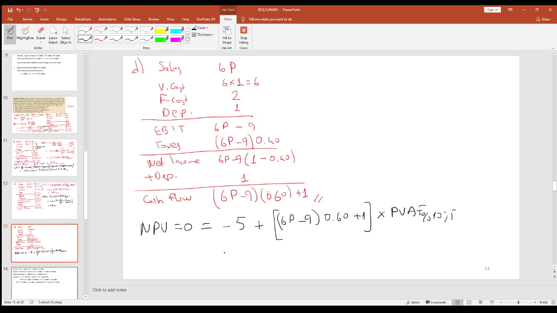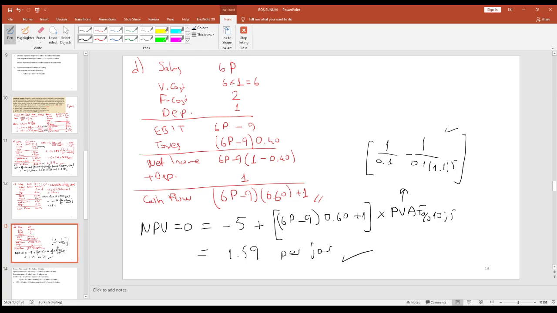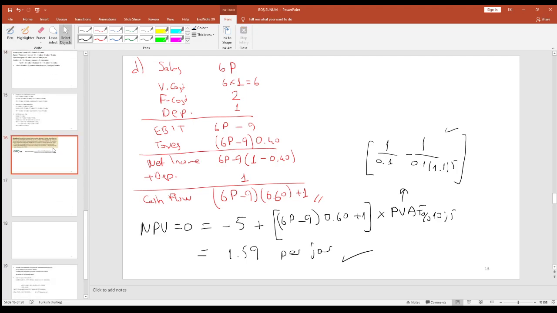Instead of this one, you can also write this equation, 1.01 minus 1.01 over 1.1 to the 5. Okay, you may either calculate this or look at the factor tables. Result of this equation will be $1.59 per jar.